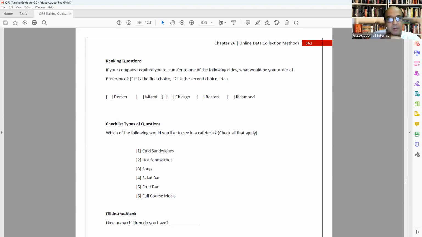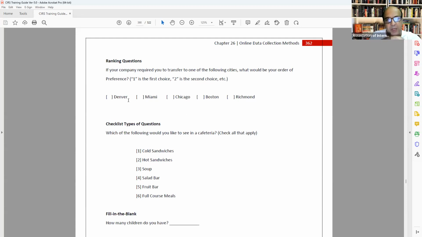Denver, Miami, you could put 1 here, 2 here, 3 here, and so on. Okay, so this is ranking. So preference, it is a preference or individuals' own liking to rank something as acceptable, less acceptable, least acceptable, or not acceptable in that sense. So these are ranking questions.